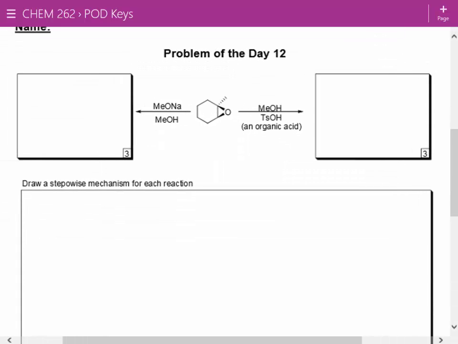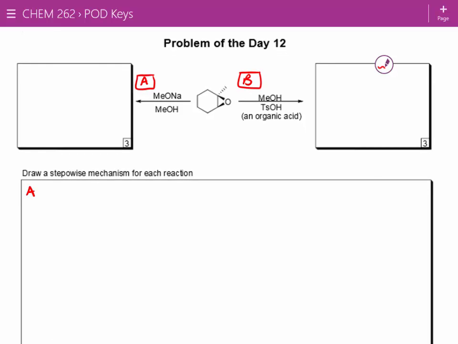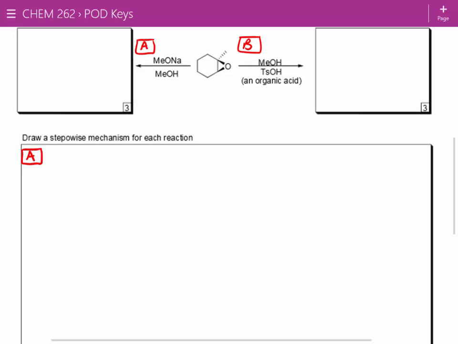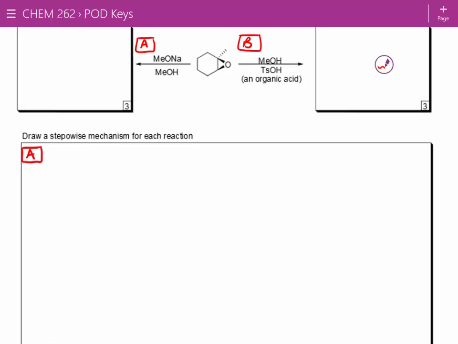All right. So we'll label this one A, and we'll label this one B. We'll do the mechanism first, and then we'll fill in the boxes above. So for mechanism A, we're doing this under basic conditions, which means we can't protonate our epoxide first.